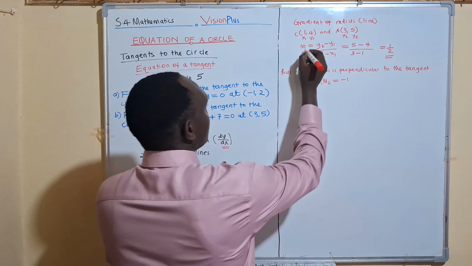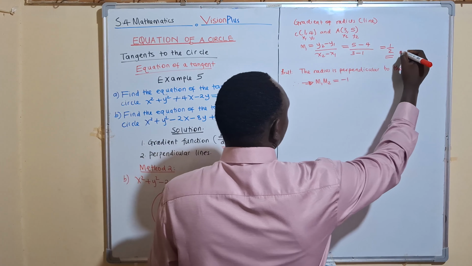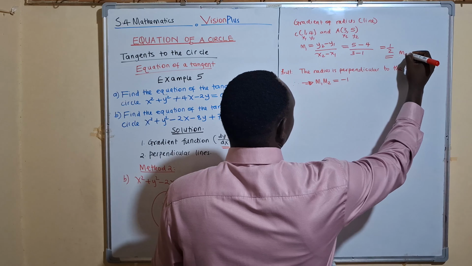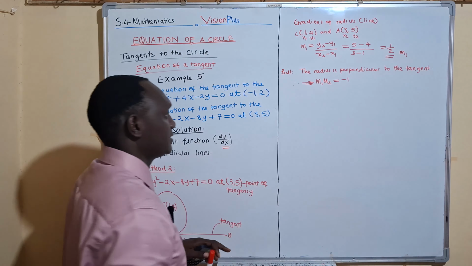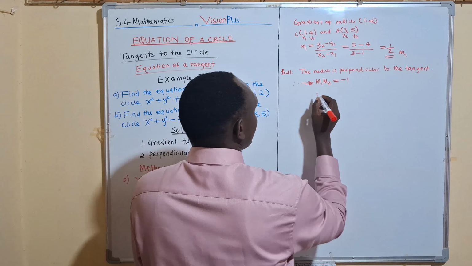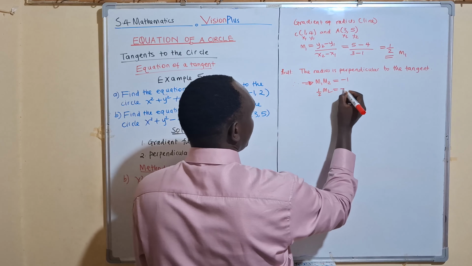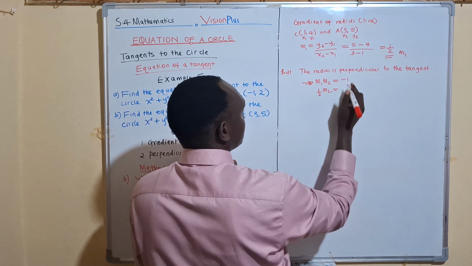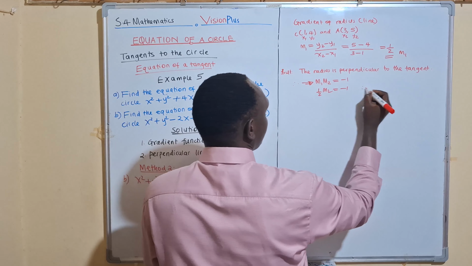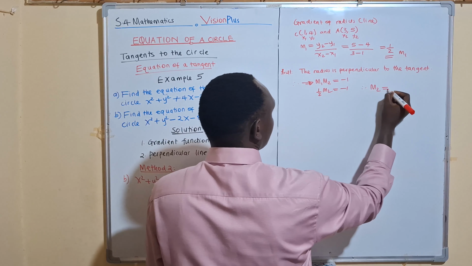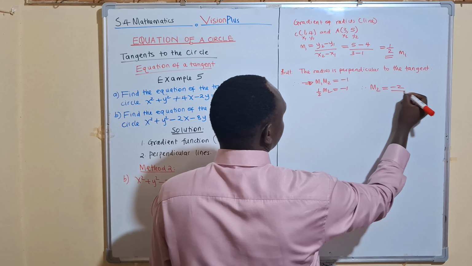So let me call this one my m1, that is my gradient of the radius. If I substitute there, I will have m1, which is a half, times m2 equals -1. Therefore, if I make m2 the subject here, I'll get -2.